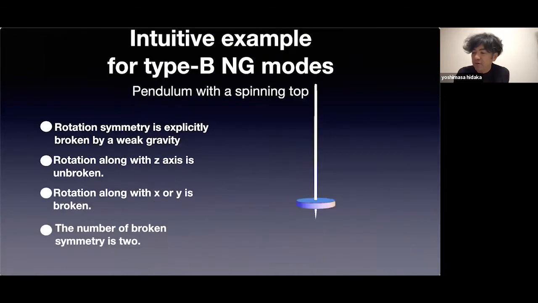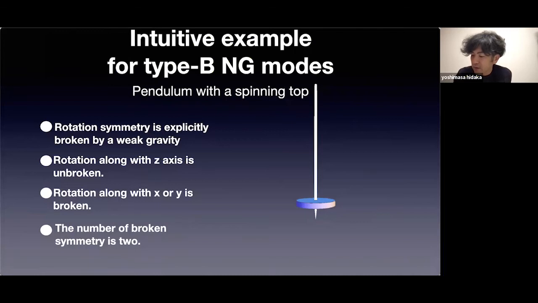As a simple example, this is a classical example. This is not a field theory, but it gives you some intuition. Let's focus on this pendulum with a spinning top. Rotational symmetry is explicitly broken by gravity.